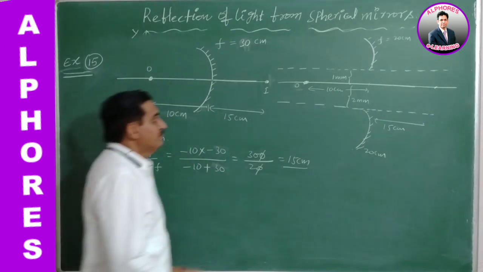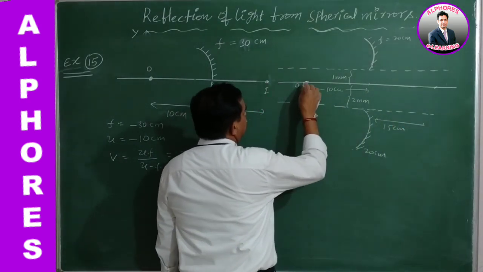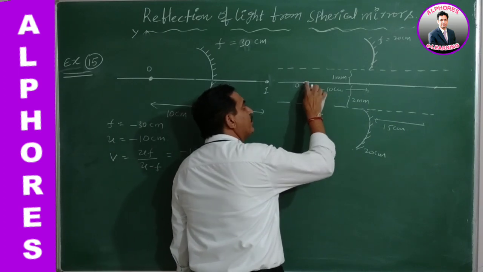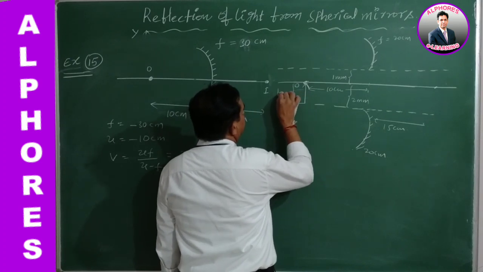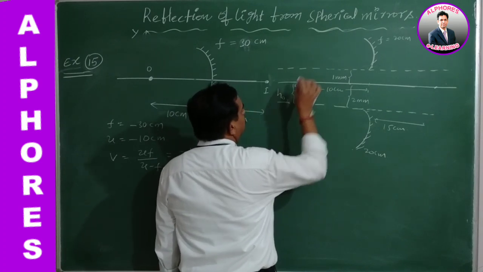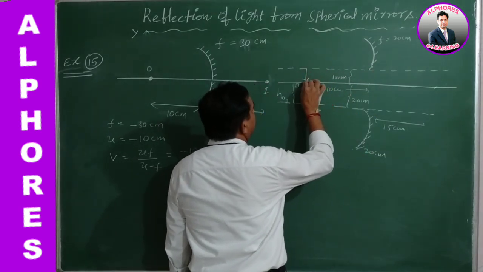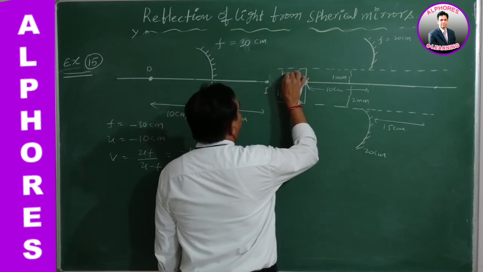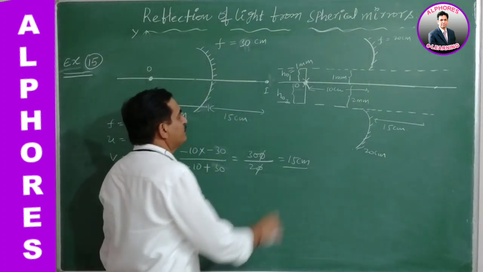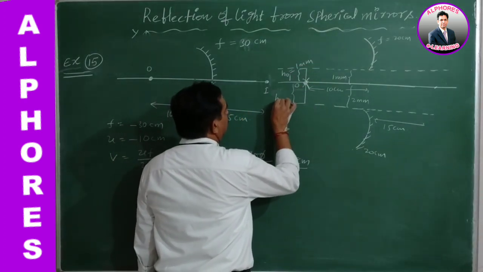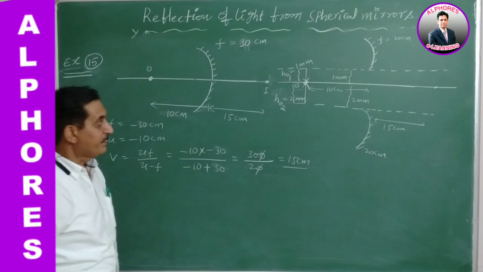Now the question is, when we consider this line as the principal axis, for this point the object is at a height of 1 millimeter, and the height of object 2 is 2 millimeters. From the principal axis, if you take a line, this point object is at a height of 1 millimeter and the other at 2 millimeters.